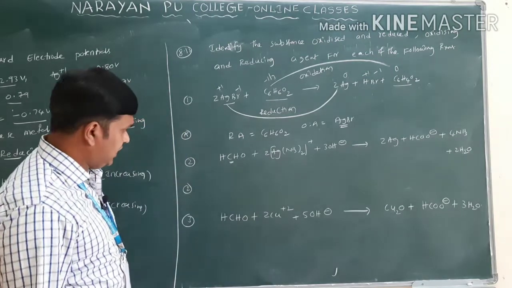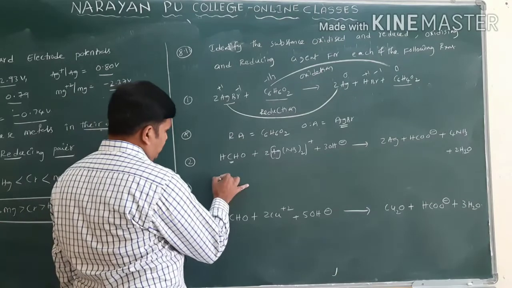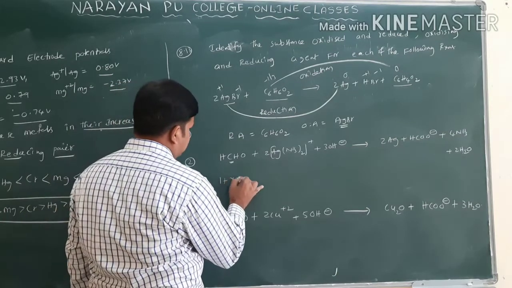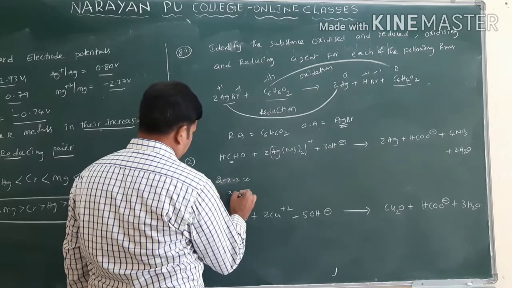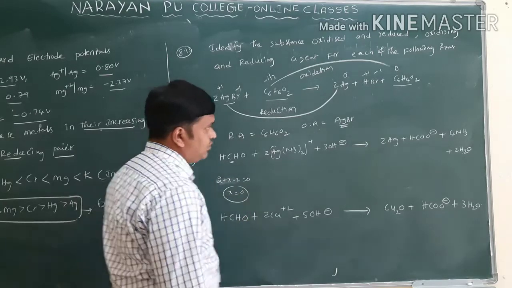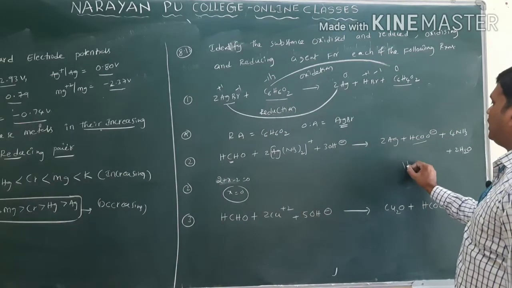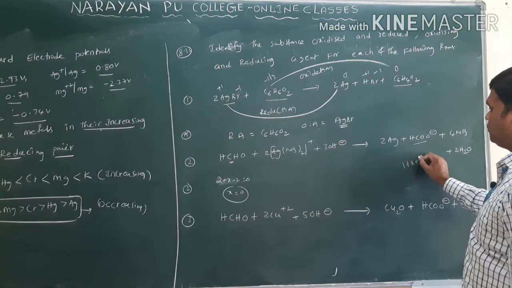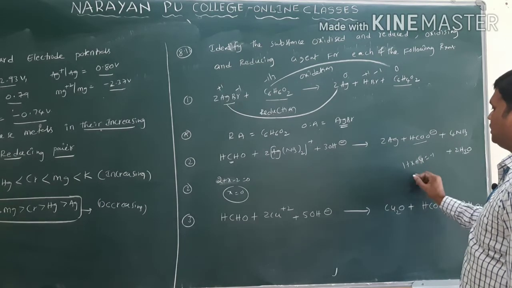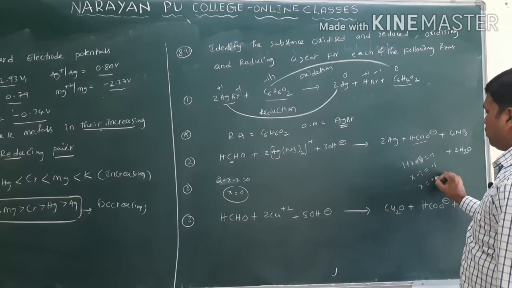In HCHO, writing 2 hydrogens, 2 plus x minus 2 is equal to 0, so x equal to 0. Now in the other compound, 1 plus x minus 4, that is 2 into 2 minus 4, is equal to minus 1. So x minus 3 is equal to minus 1, so x equal to plus 2.